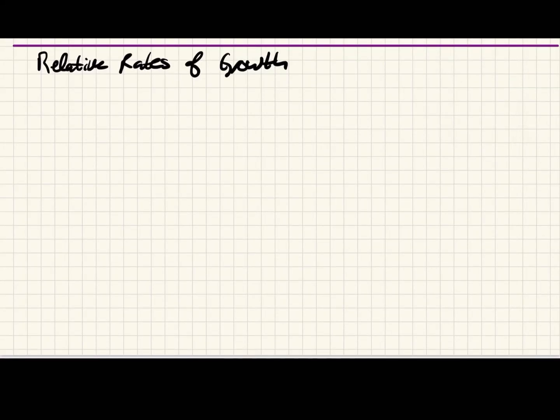All right, relative rates of growth. So here we go. I'm going to put some definitions first. If f of x and g of x are positive. Now, when I say positive, I mean for x's that are sufficiently large.